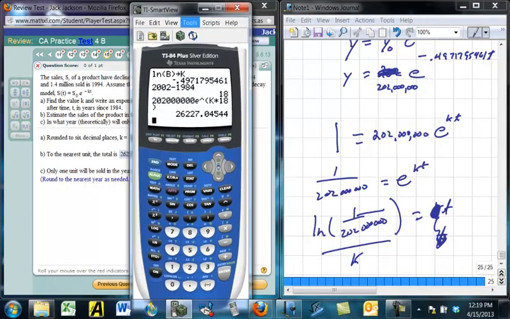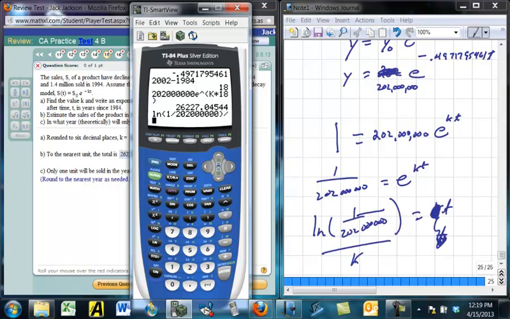So it's natural log of 1 divided by 202 million. 1, 2, 3, 4, 5, 6. Okay, that's right.